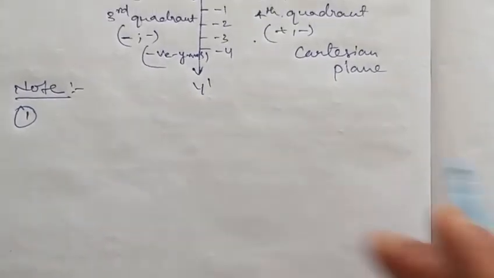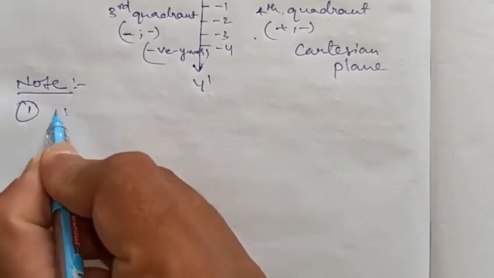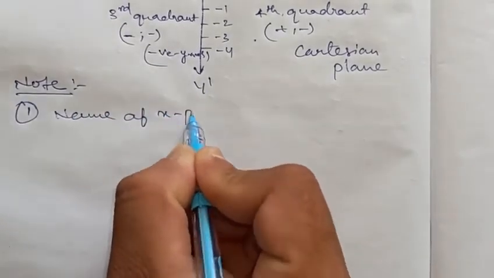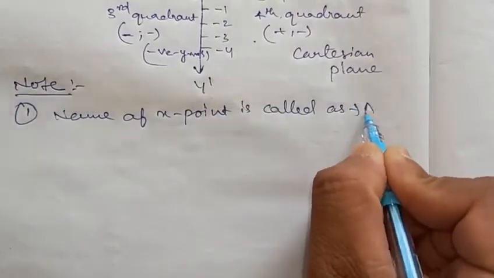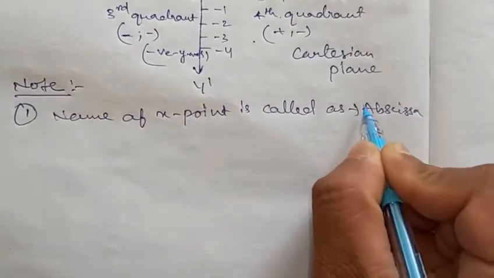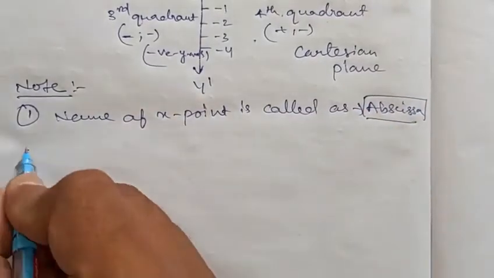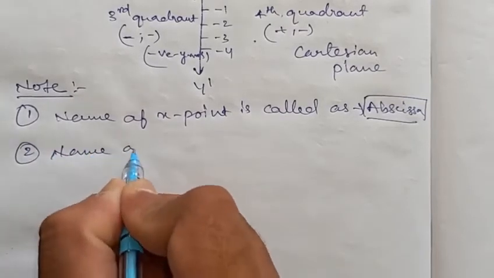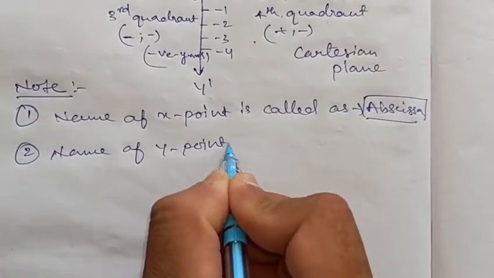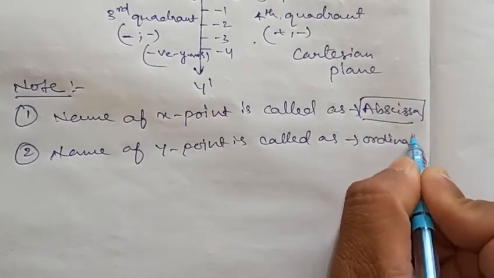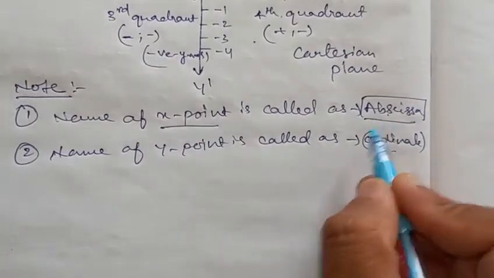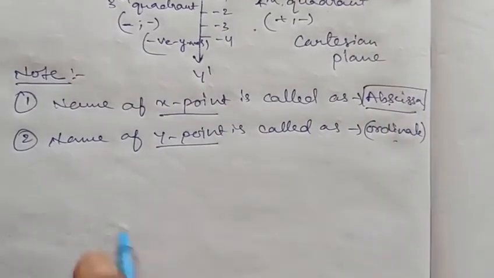Some important points I want to tell you regarding coordinate geometry. The first point is the name of the x point is called abscissa. The name of the y point is called ordinate.